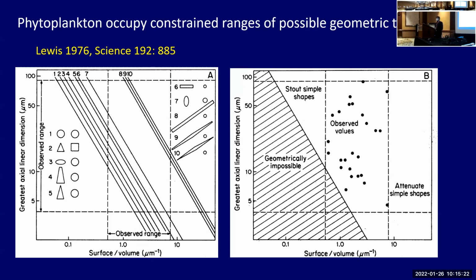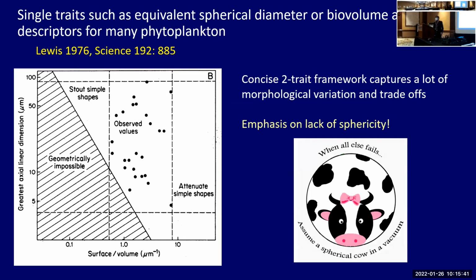What Lewis did is he analyzed 25 species of phytoplankton and he placed them into this framework. And he postulated that evolutionary or adaptive processes have shaped this envelope of realized shapes that he found for these phytoplankton, the dominant taxa in, I think it was a tropical lake. A major point I want you to take away from this is there's huge deviations from sphericity, right?